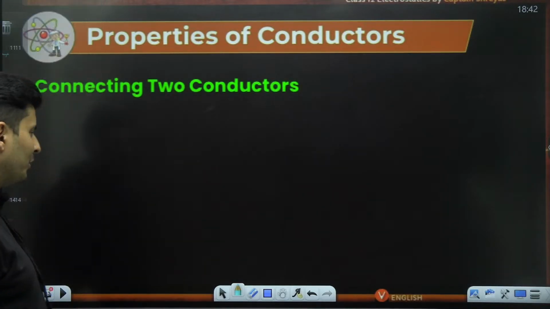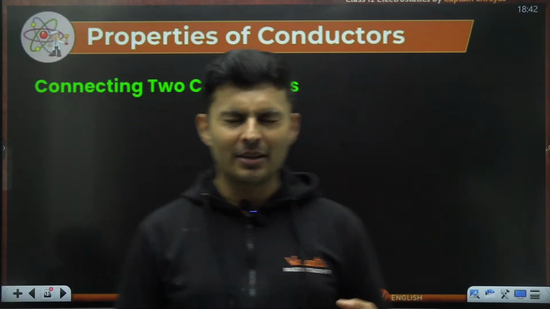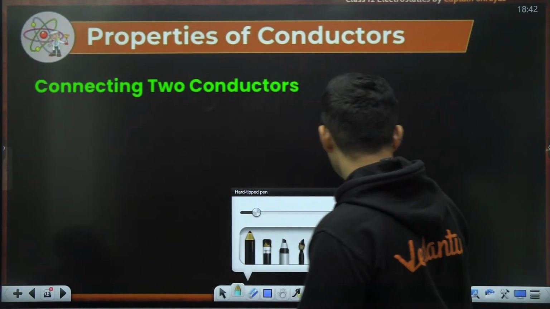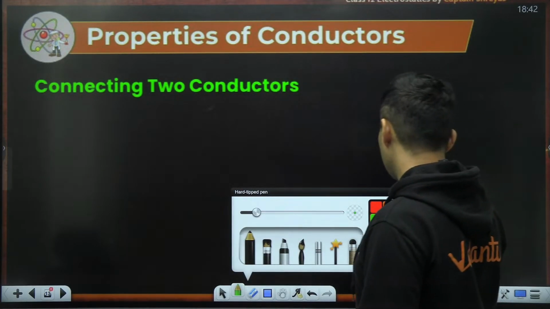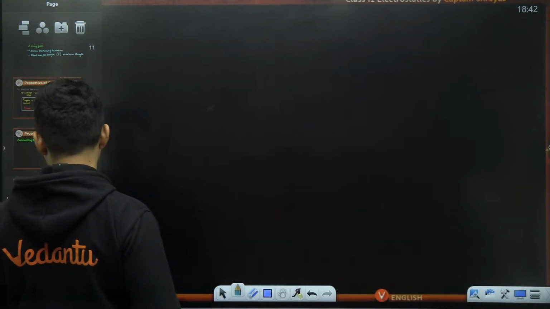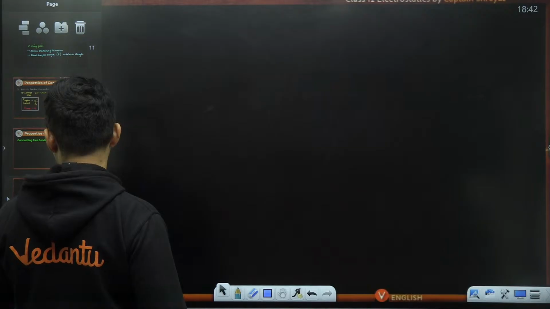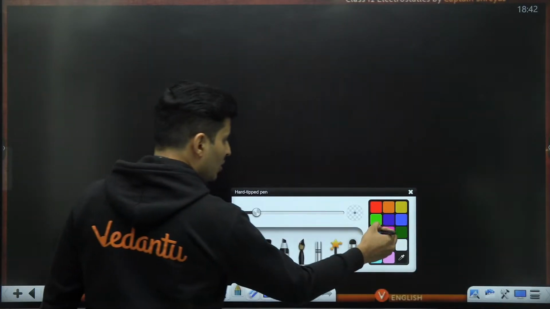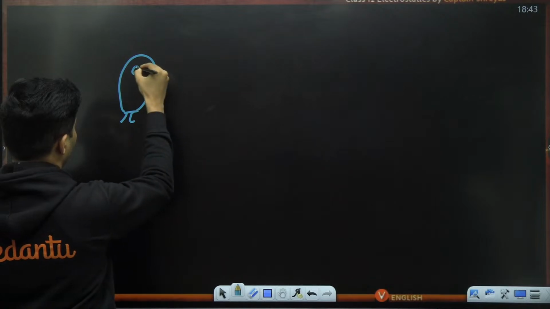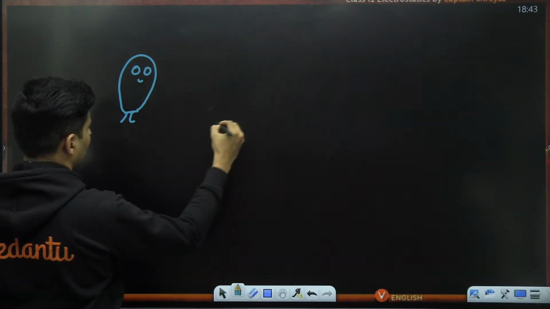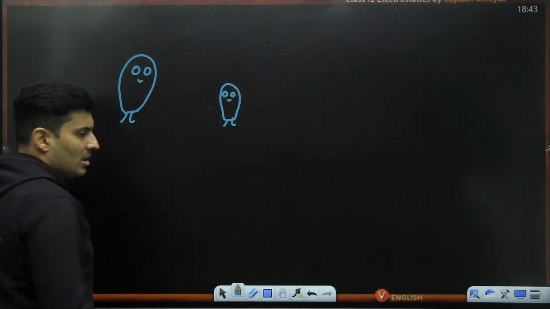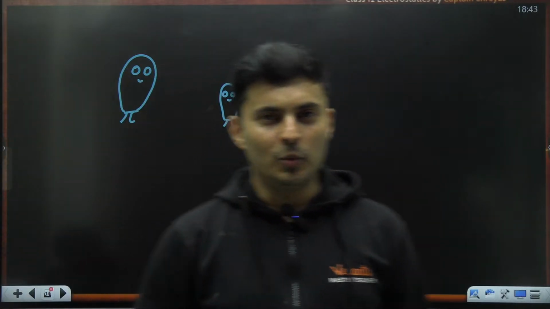Last property before we go to conductors with cavities: connecting two conductors. Now, imagine this particular example where you have a very highly charged Pandu.